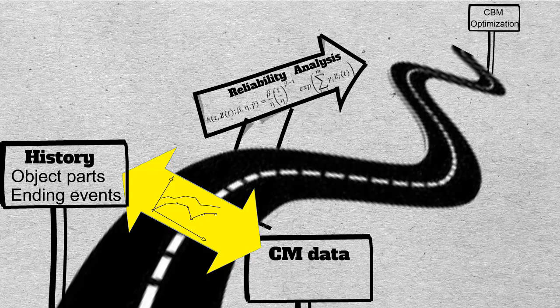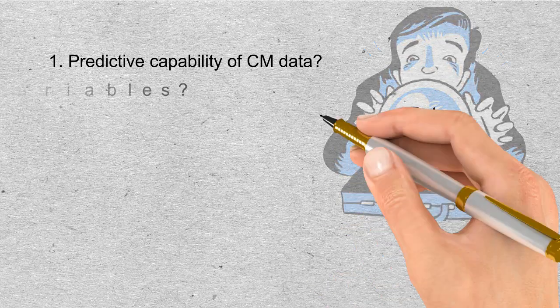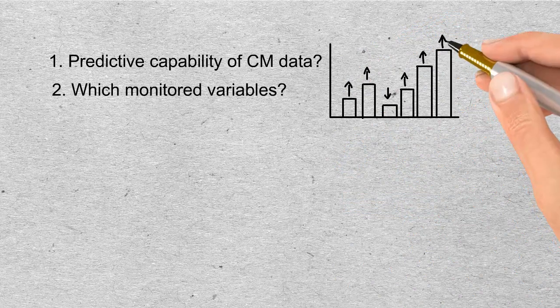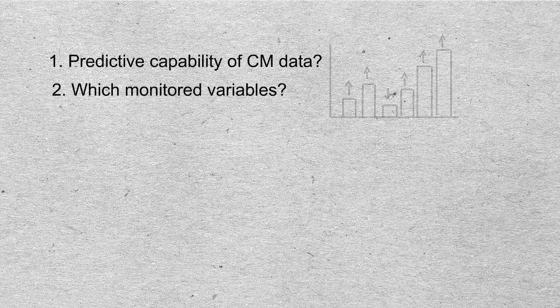This multi-dimensional analysis of age and condition monitored data leading to asset performance allows us to answer important questions such as: what is the actual predictive capability of a particular set of monitored data? What are the monitored variables that are most influential to the probability of failure in an upcoming calendar or age period?